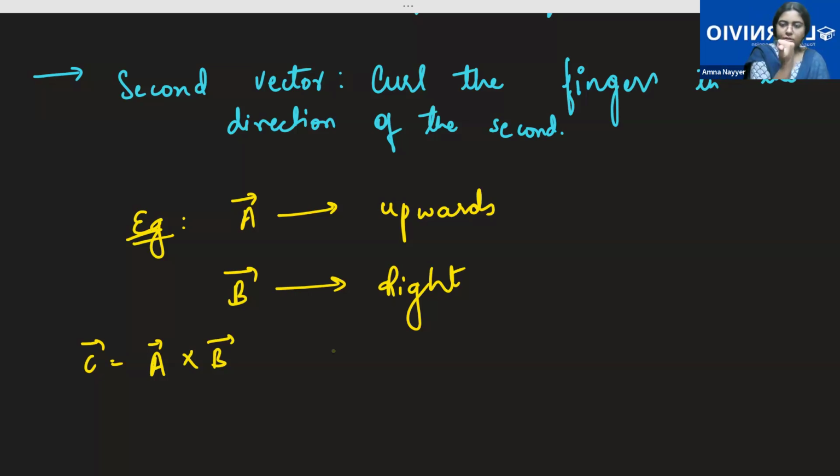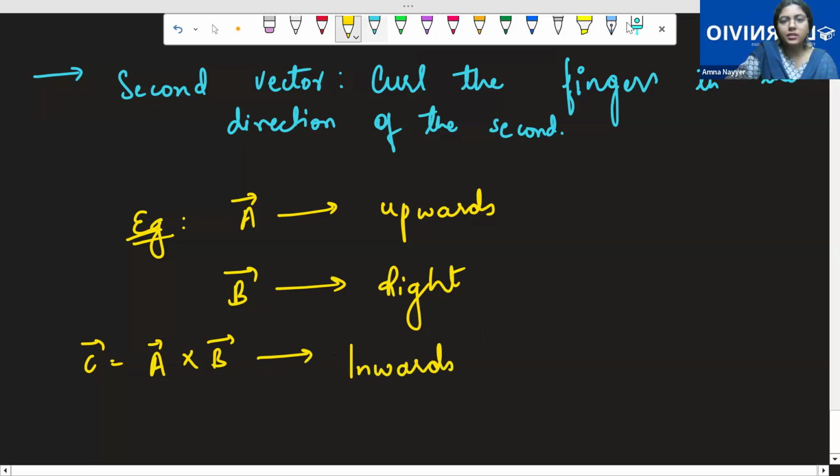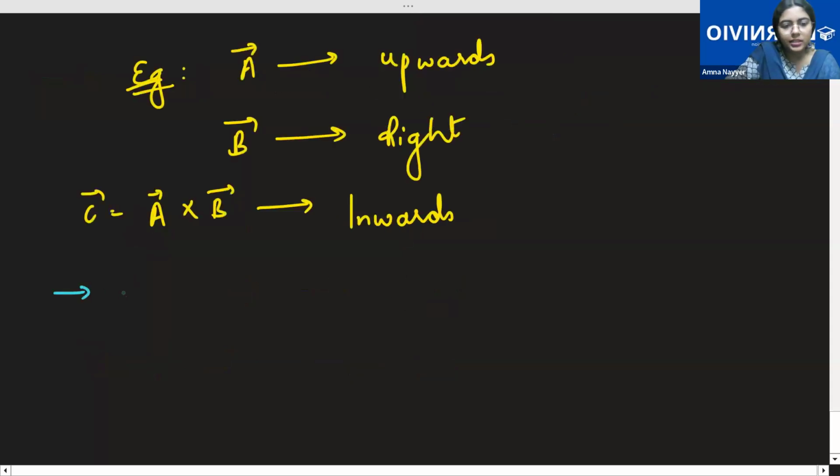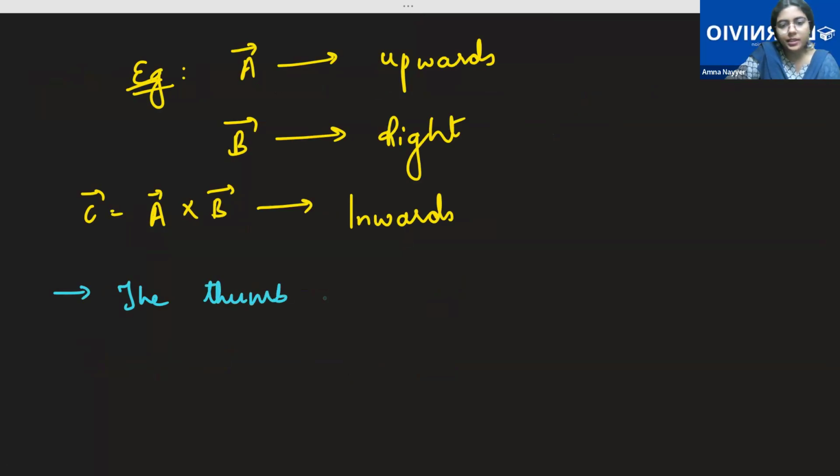So the thumb gives the direction of the third vector. Like this was pointing inwards, so C vector will be inwards. For the third vector, the thumb will give the direction.